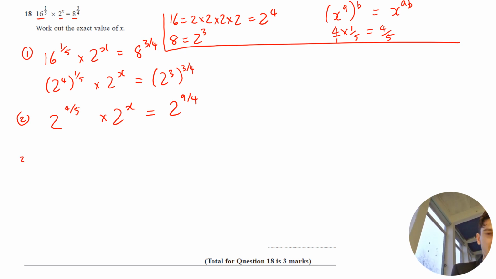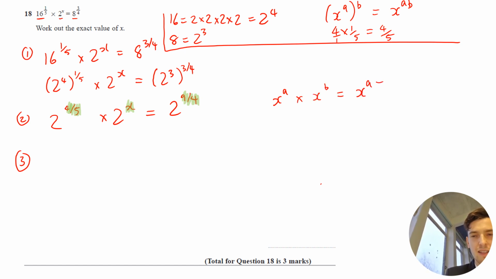Great. My next step, well, now that my bases are the same, I can now compare my coefficients. And I can set up an equation. And what I need to remember for this step here is that if I'm multiplying indices of the same base, I add the indices.